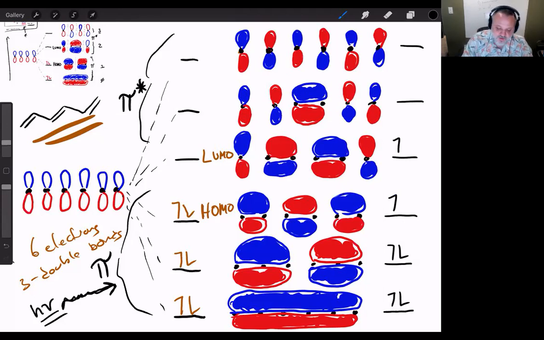What we're going to call this now is the ground state. And what would we call this then? This is the excited state, where we have 1 electron promoted from the HOMO to the LUMO.